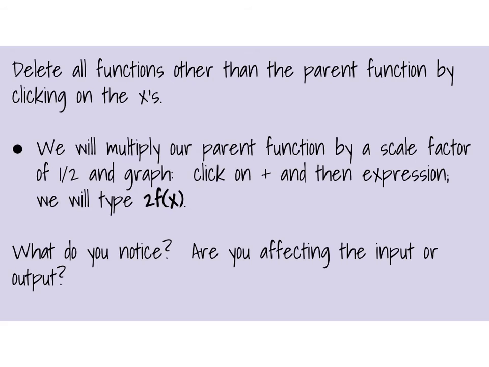Okay, so let me go to that screen. It asks us to multiply, there I made a mistake. It asks us to multiply by 1/2, so you really need to type 1/2 f of x. You can do that separately if you want. I'm just going to put it on the same graph. Am I affecting input or output? Let me do another one.